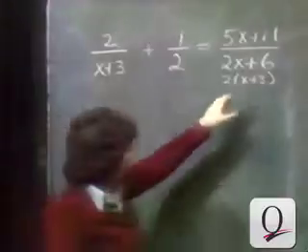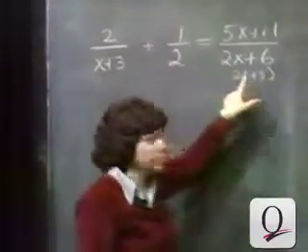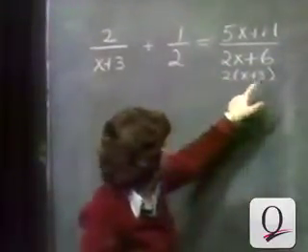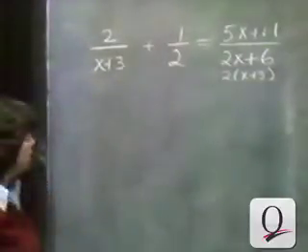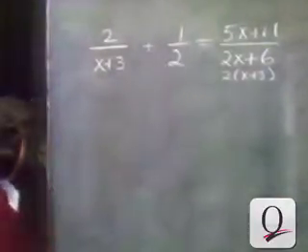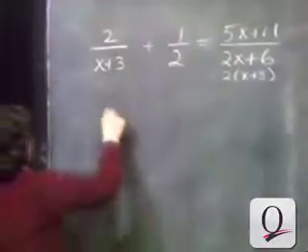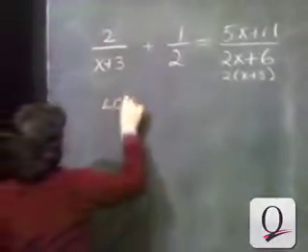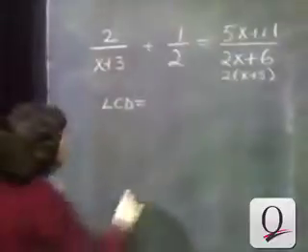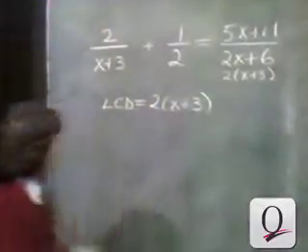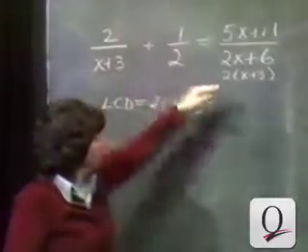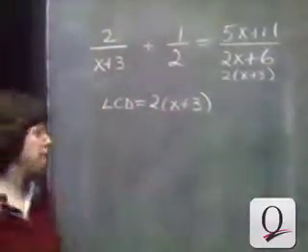Okay, if you don't recognize that 2x plus 6 is really 2 times x plus 3, and that these factors have really occurred before, you're going to pick a denominator which is not really as small as it could be. Okay, the lowest common denominator in this case is going to be 2 times x plus 3. Okay, the smallest quantity such that each of these denominators divide evenly into it without a remainder.